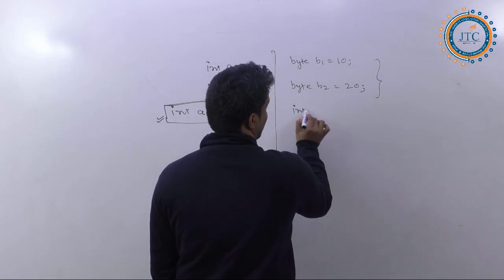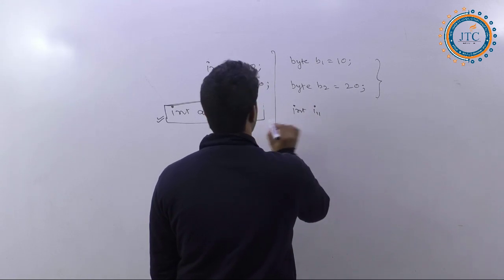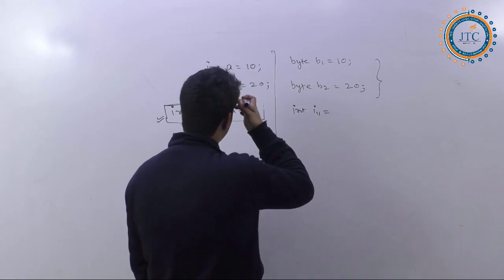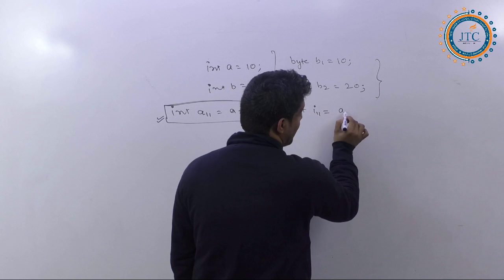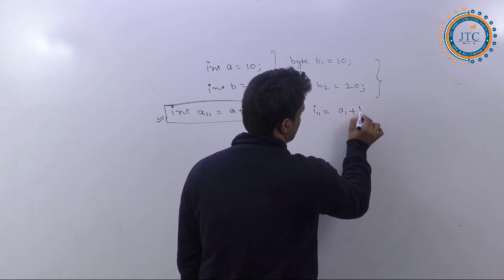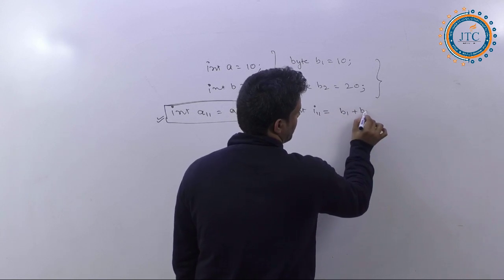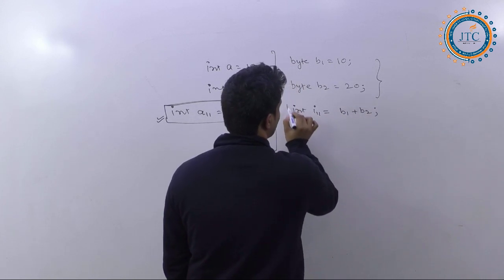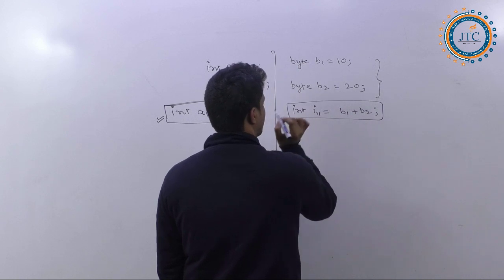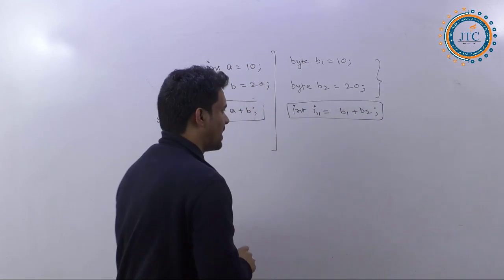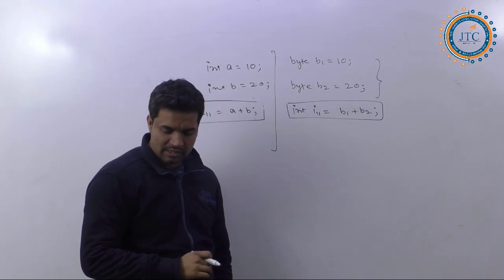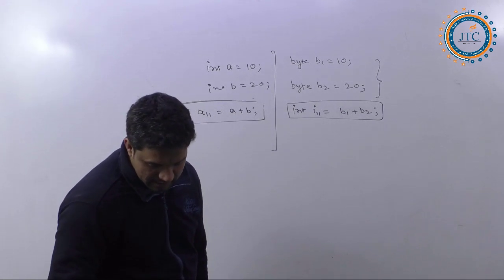Now in this case, int i11 is equal to b1 plus b2, I am going to write it here.